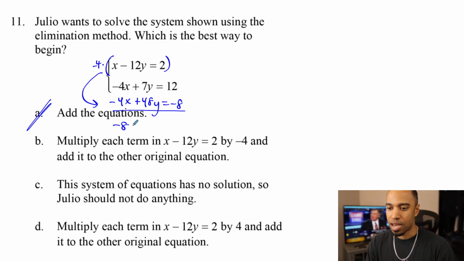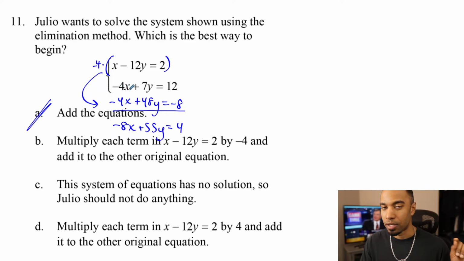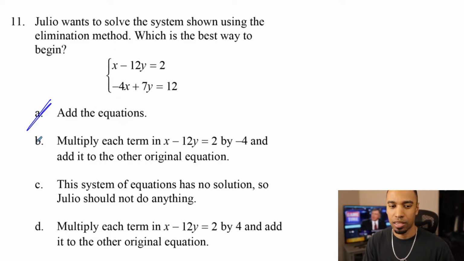When I add these, I get negative 8x plus 55y equals 4. It looked like it did something that was close to good, but not quite. They did not eliminate the x's here. I would still say no, this is not beneficial for the same reason as A. In fact, I took one more step to generate even bigger numbers. That might have been even worse, although it did get me closer to what I think I want to do.